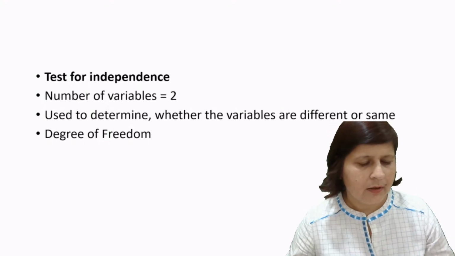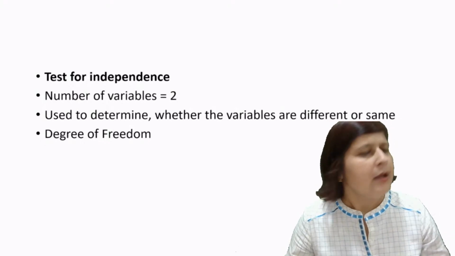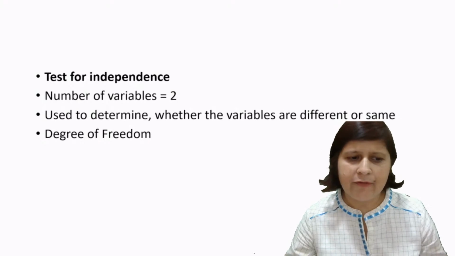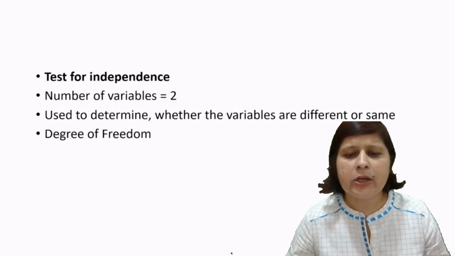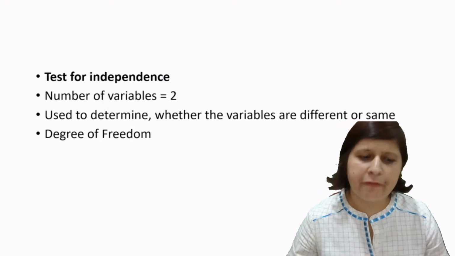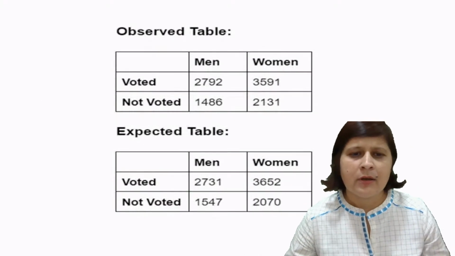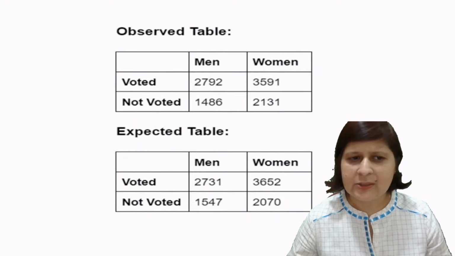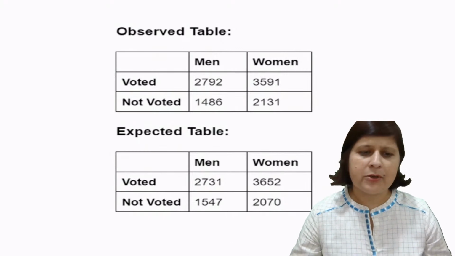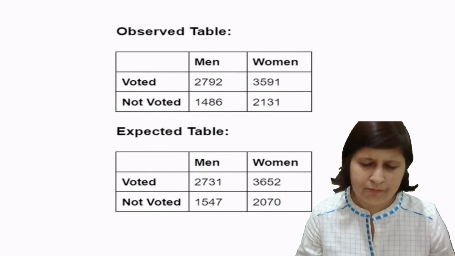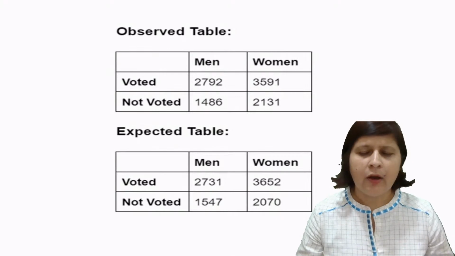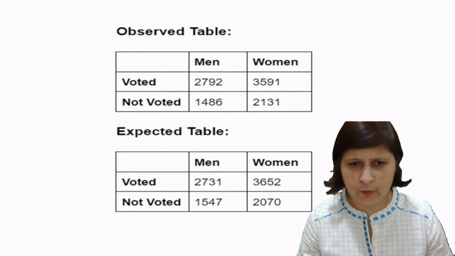Another example is the test for independence. Number of variables is 2, used to determine whether the variables are different or the same, and degree of freedom. The observed table and the expected table: suppose I have taken 1,000 samples of men and women who voted and did not vote.